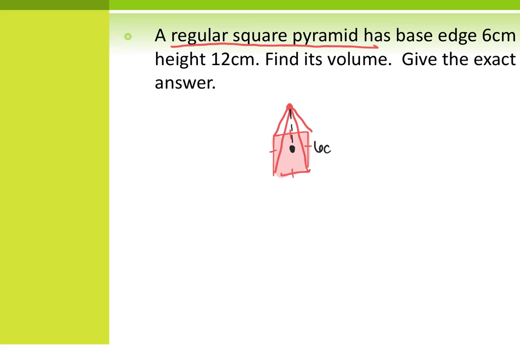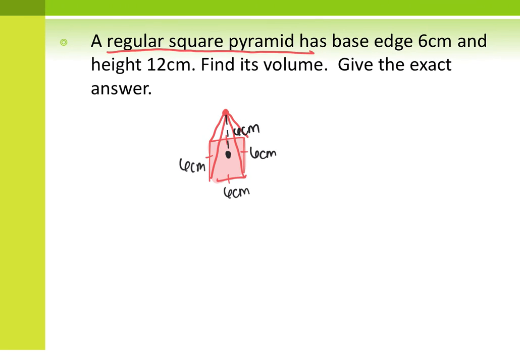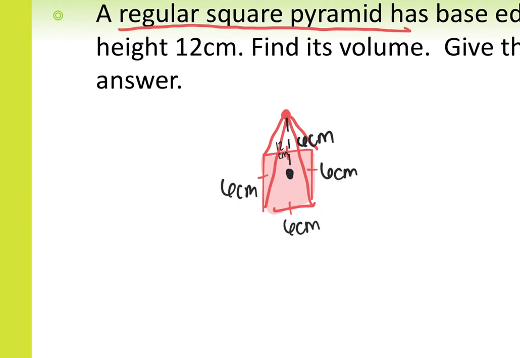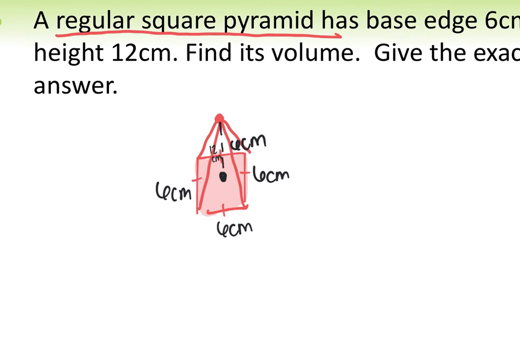Why are all of these 6 centimeters, guys? It's a regular square, okay? So they all have to be 6 centimeters. And what else did it tell me? It gave me one other piece of information. Zoe? The height is 12. So this dotted line going from the top to the bottom is 12 centimeters, okay? And we just need to find its volume.